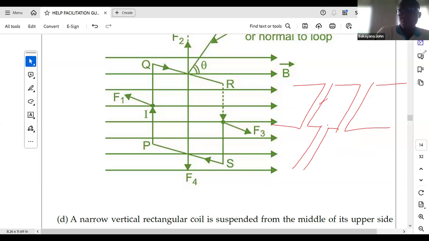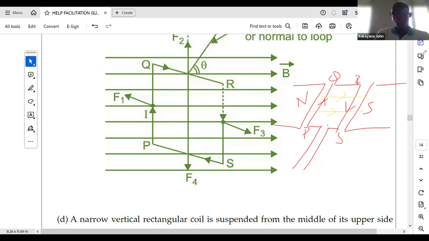So if current is flowing in that direction from P, Q, R, and then S, then the other side automatically it will be coming back. If this is our magnet with North Pole, then the other one is the South Pole. So applying Fleming's left-hand rule, PQ, you know the field line is coming from north to what?